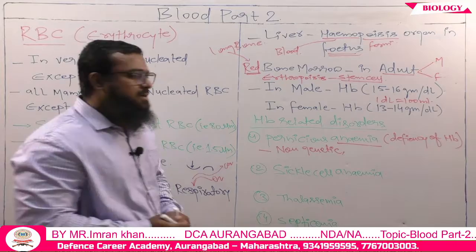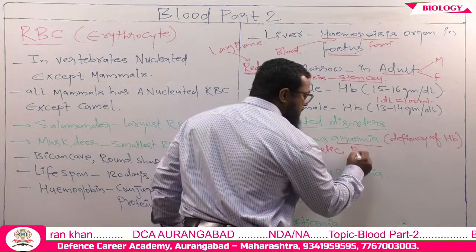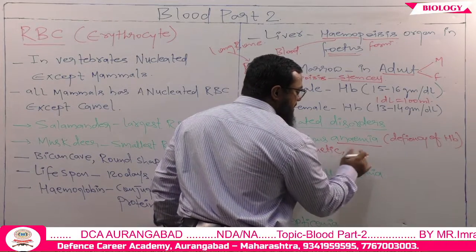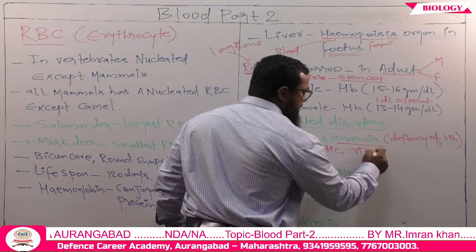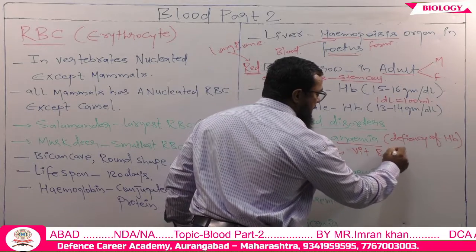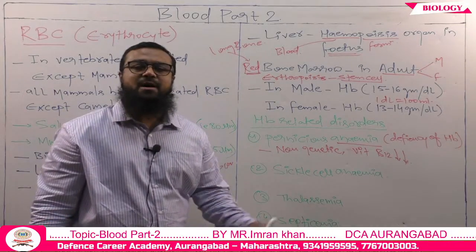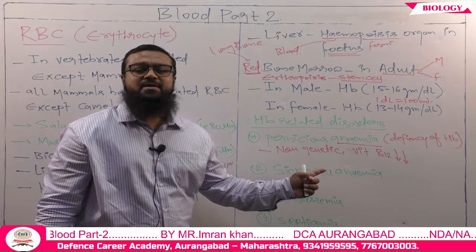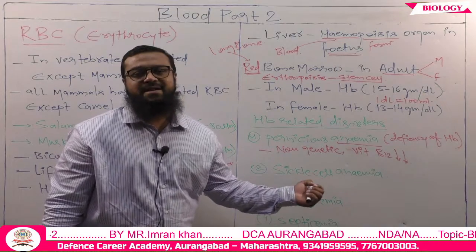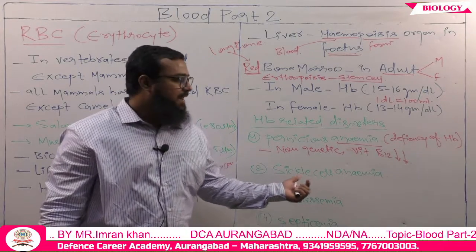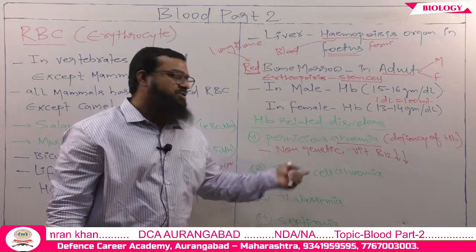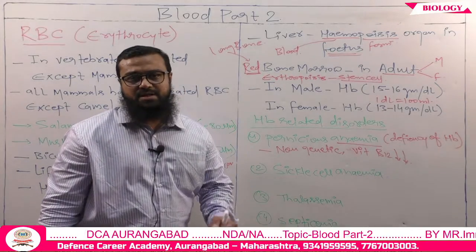How does it occur? Because of vitamin B12. Vitamin B12 amount decreases in the body. If vitamin B12 amount decreases in the body, the maturation of HB and RBC will not take place. That's why this pernicious anemia occurs in the body.